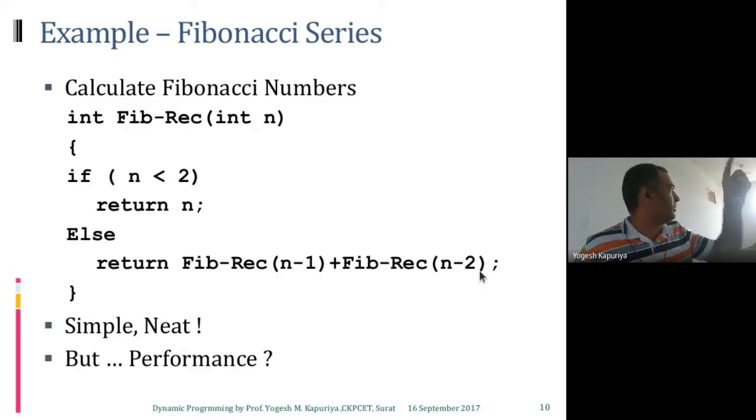So on the top, you have some larger number. To compute that, you are now going towards the bottom. That's why you require this smaller value. So this is called the top-down approach. You are starting from the highest point, and then to compute the result of that, you go in the bottom direction. That's why it is top-down.